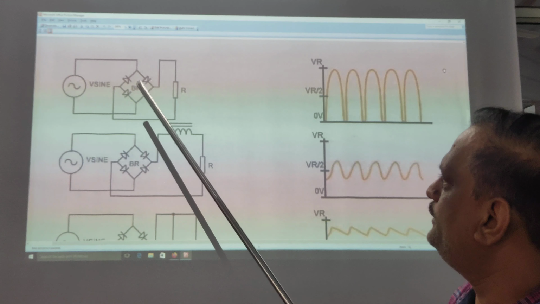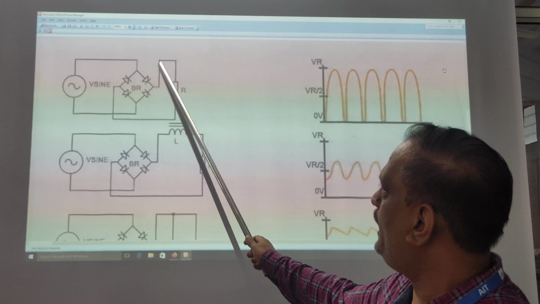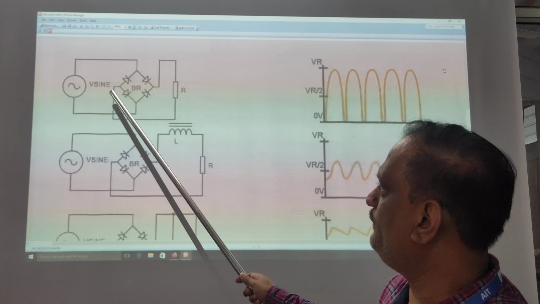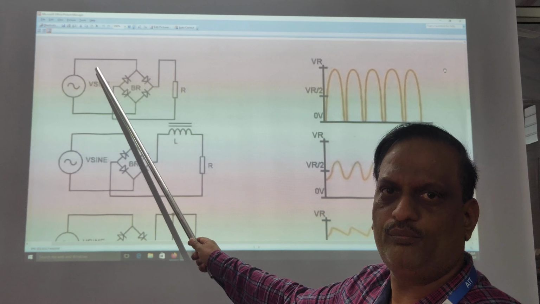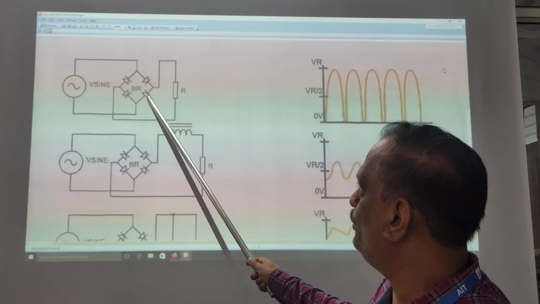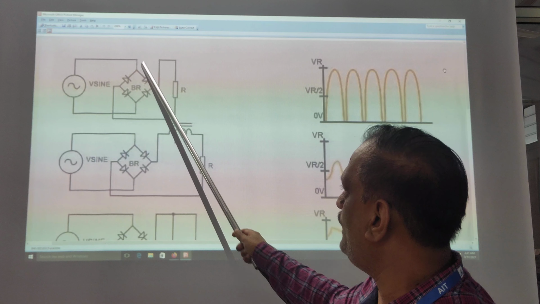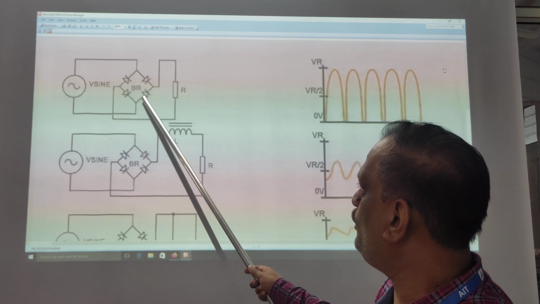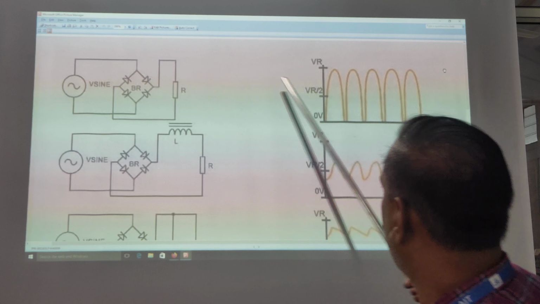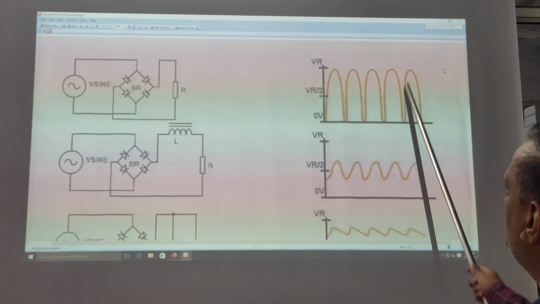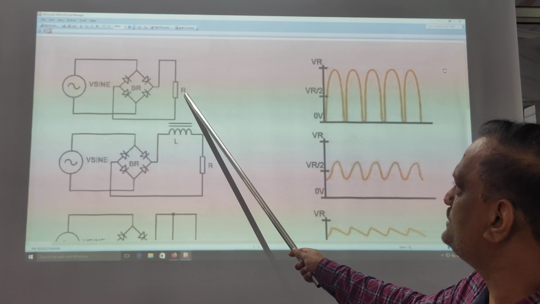In the first circuit, in the positive half cycle of the input, diodes D1 and D2, these two diodes, will conduct initially, and in the negative half these other two diodes will conduct. Accordingly, the output voltage will be generated across the load resistance R.